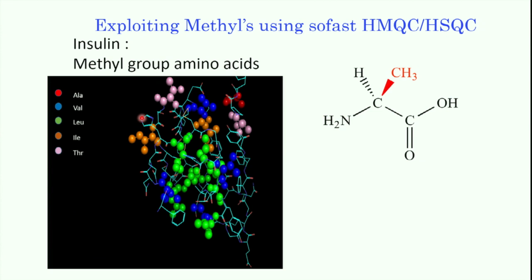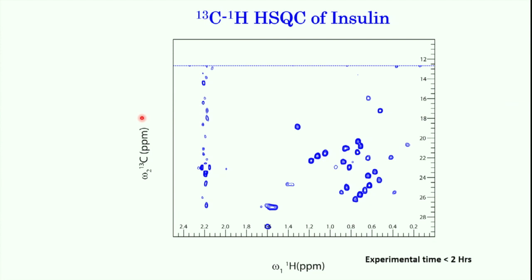So, we can capture the resonances coming from here and then understand the 3-dimensional structure of a protein or peptide. The good part of these methyls is that they give intense signal, they have a favorable relaxation property. So, we exploited this wonderful nature of methyls, recorded the methyl HSQC spectrum in less than 2 hours, and you can see the beautiful spectrum you are getting here.